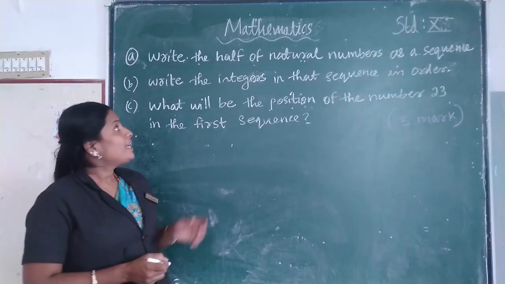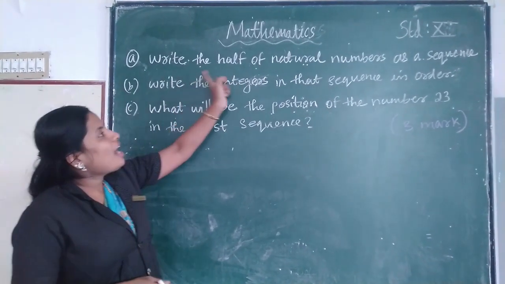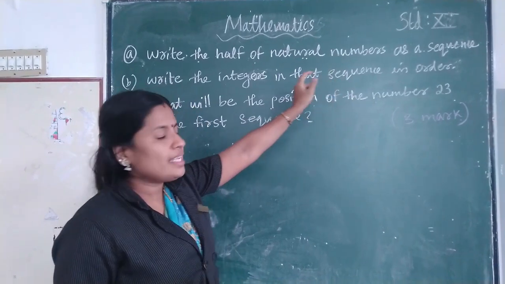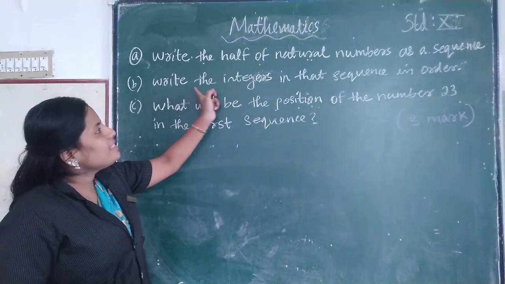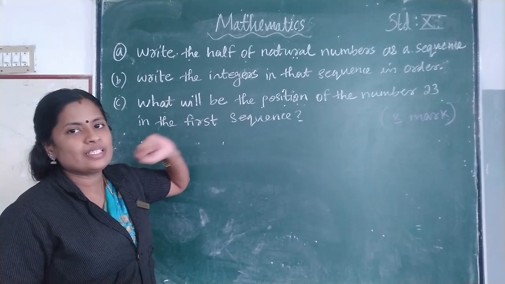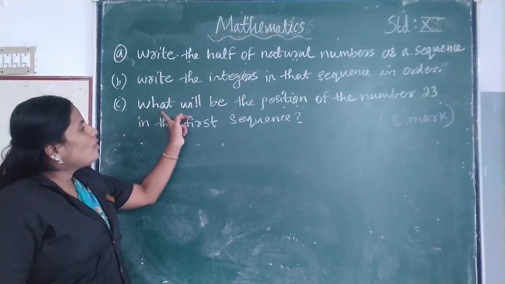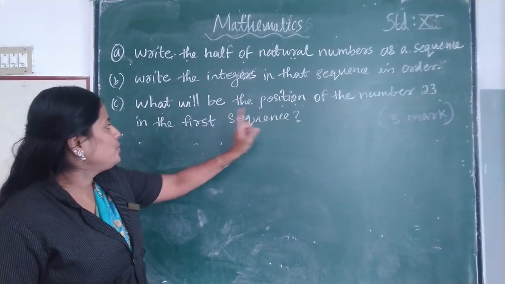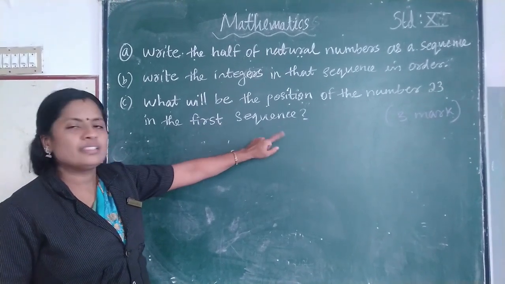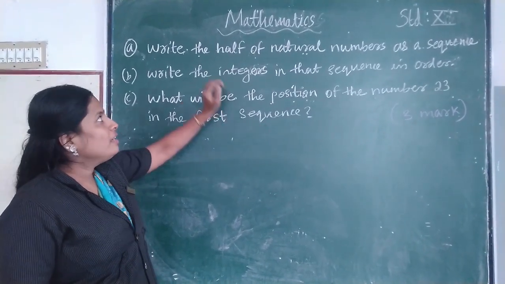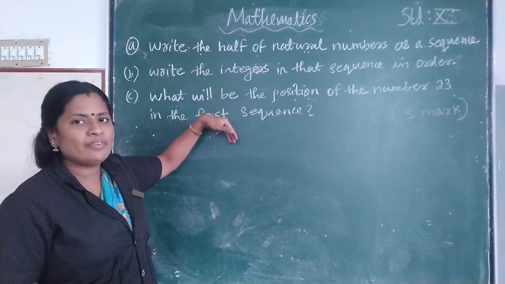Okay. Next problem. Write the half of natural numbers as a sequence. Next one, write the integers in that sequence in order. What will be the position of the number 23 in the first sequence? So here we can do the answers one by one.